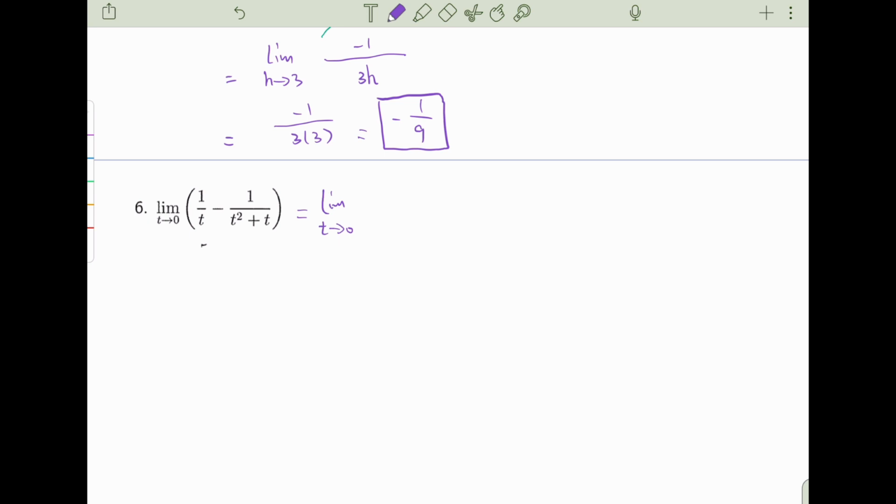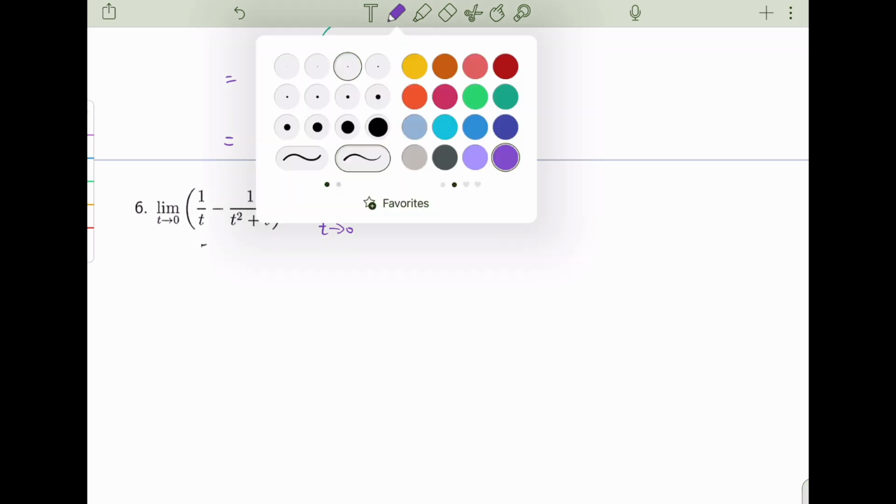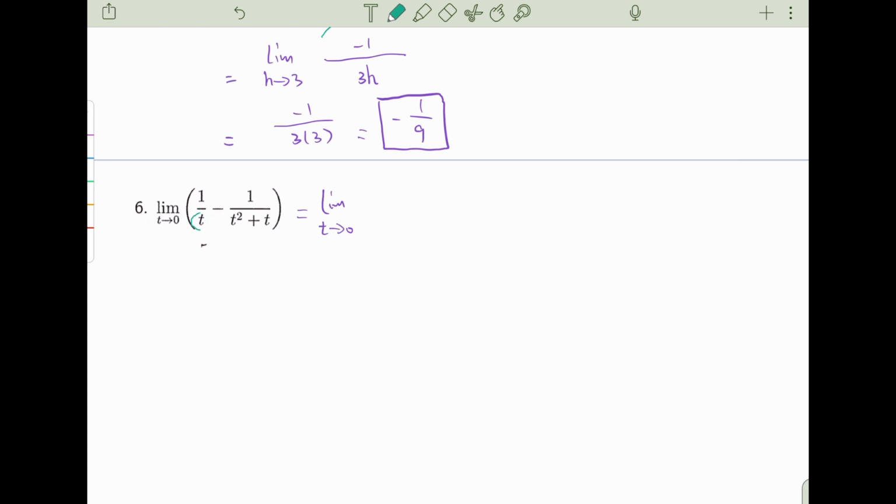So I will need to find the common denominator of these 2 things, t and this t squared plus t. Realize that the t squared plus t can be written as t multiplied with t plus 1. So this already has the factor t multiplying with the another factor. So we don't have to actually do anything for this one.